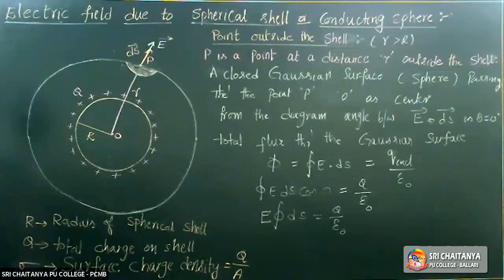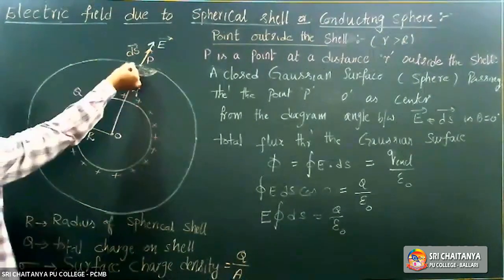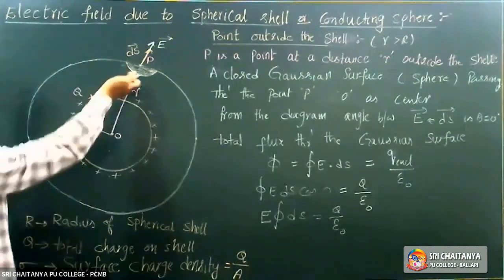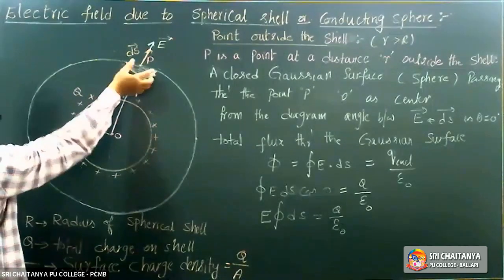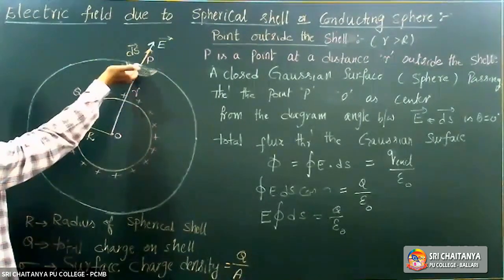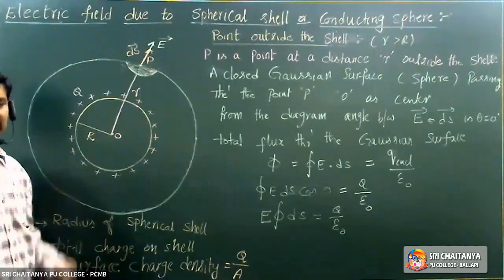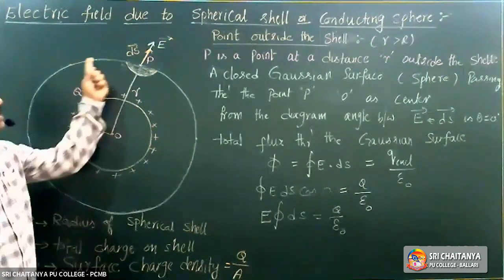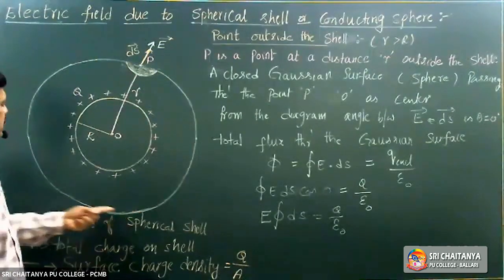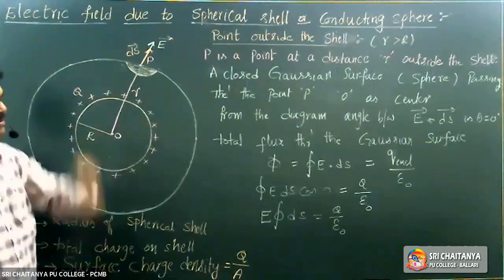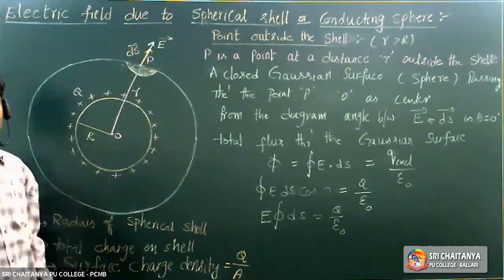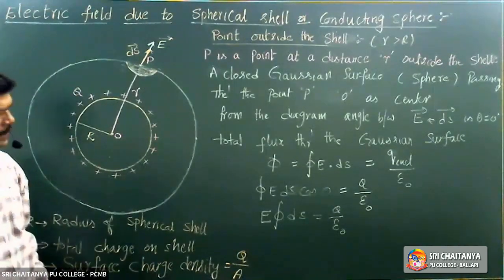What is integral of ds? For this Gaussian surface, ds is the small element. If I add all those small elements, it is equal to the surface area of this Gaussian sphere.